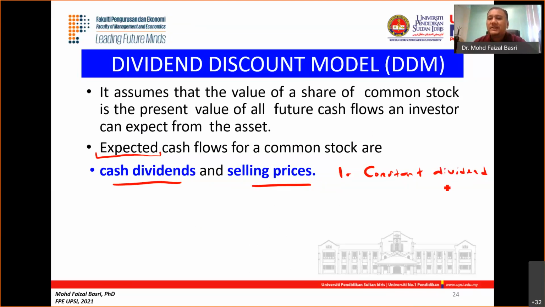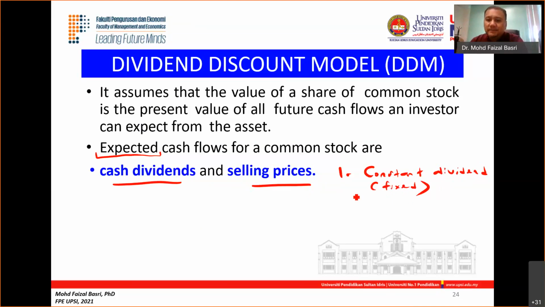So what does it mean by constant dividend? It is a fixed dividend. Every year you are expected to receive the same amount of dividend. For example, you receive 1 ringgit dividend every year. So that's constant dividend.